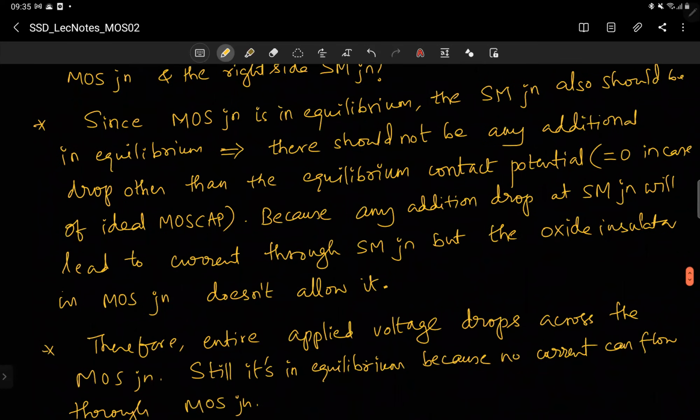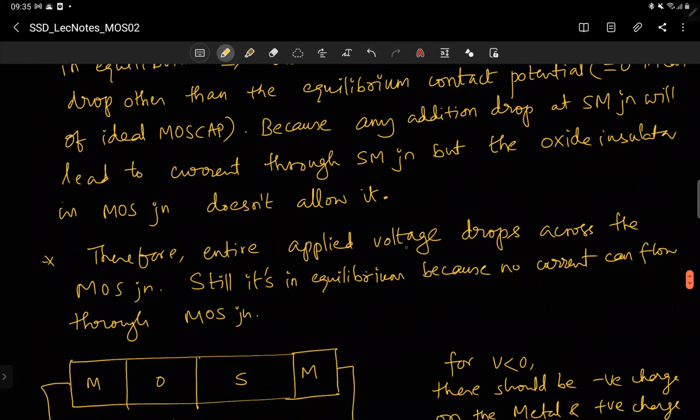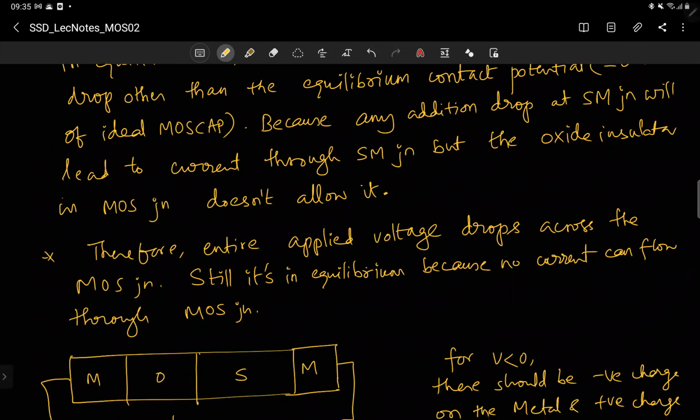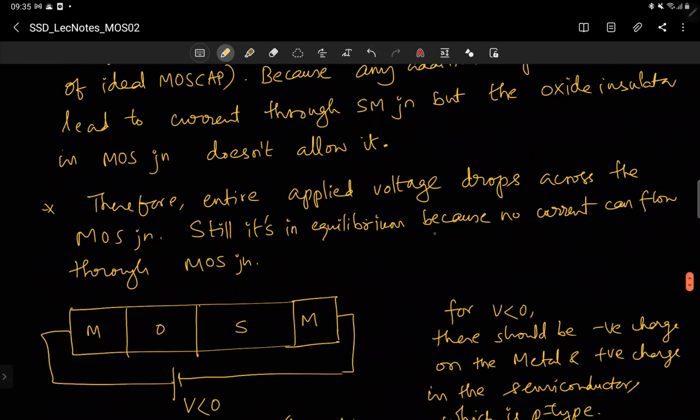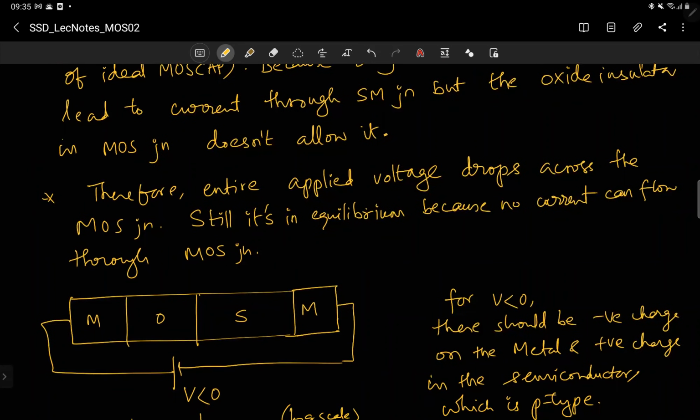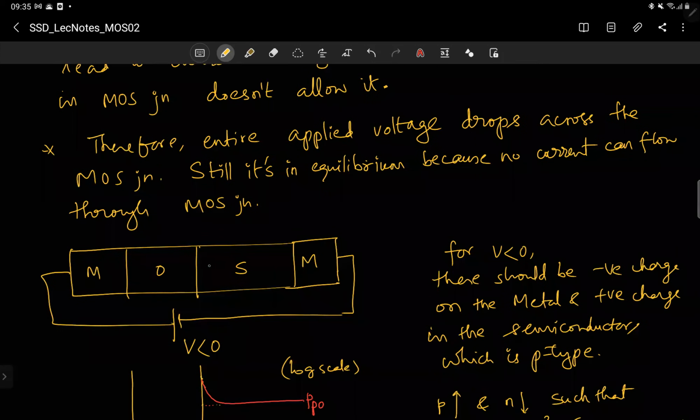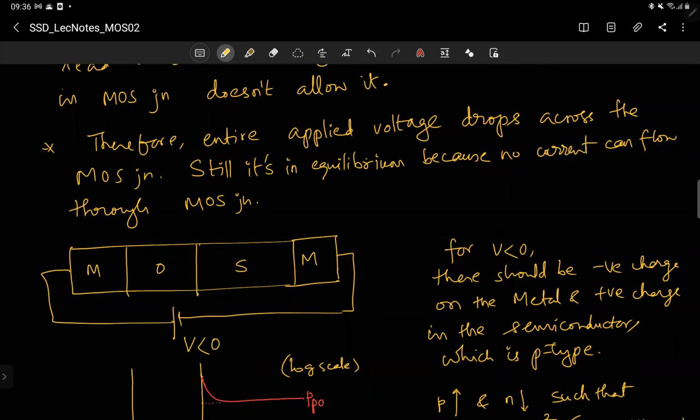So that's what it is. Therefore, the entire applied voltage drops across the MOS junction. Still, it's in equilibrium because no current can flow through the MOS junction.